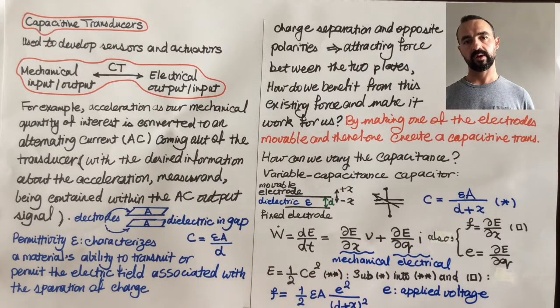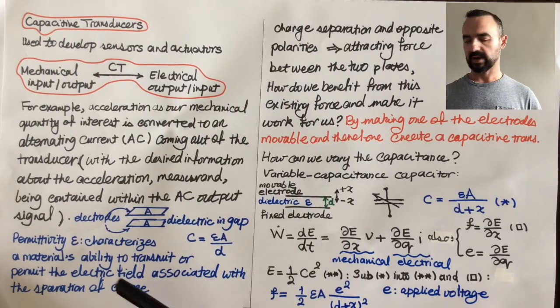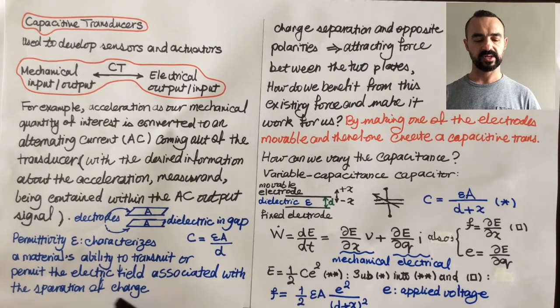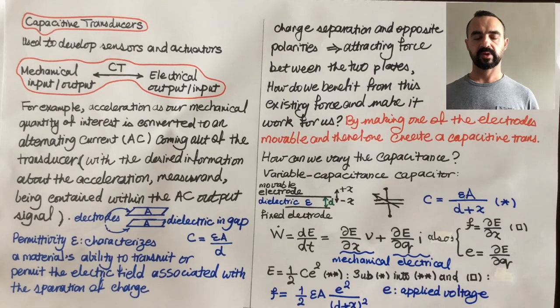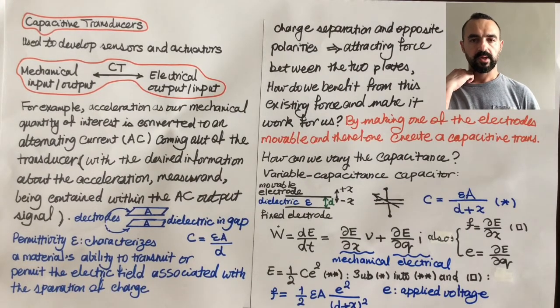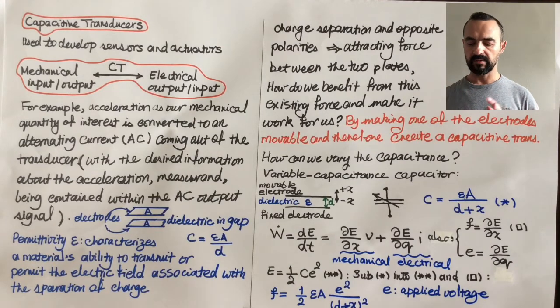So we have air at a certain pressure, and mostly it's very low pressure. The permittivity characterizes the material's ability to transmit or permit the electric field associated with the separation of charge. So you can have different materials if your goal is to change the permittivity of the dielectric.